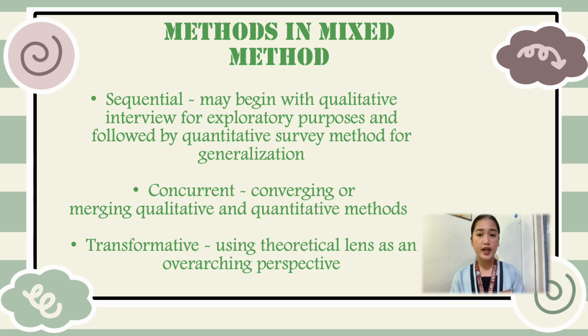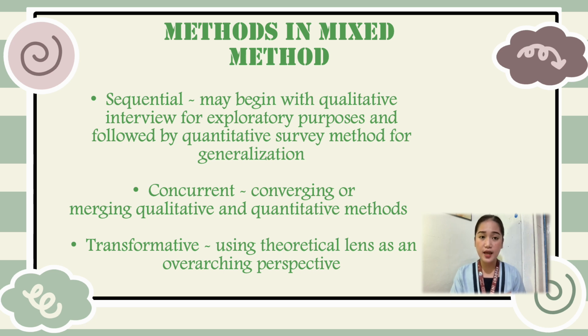You collect qualitative data like interviews and quantitative data like surveys at the same time, analyze them separately, and then bring them together to create a more complete picture of your research topic. It's like getting two perspectives on the same issue, allowing for a richer and more nuanced understanding.